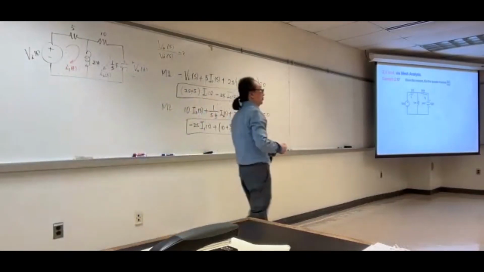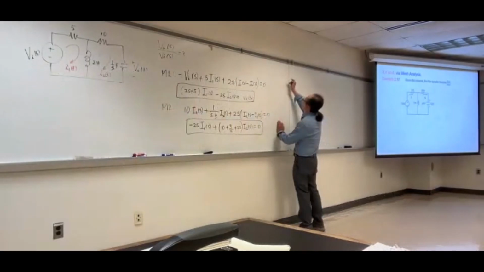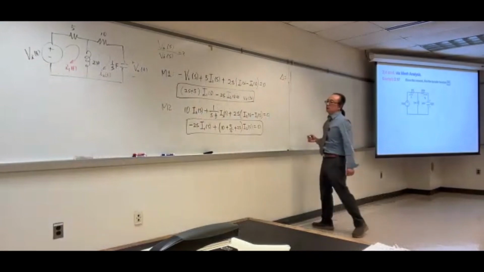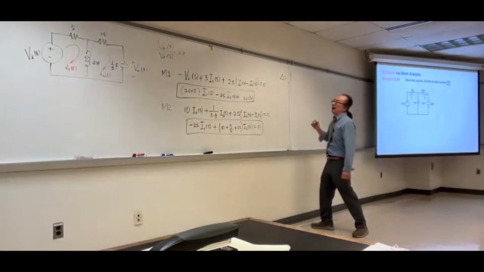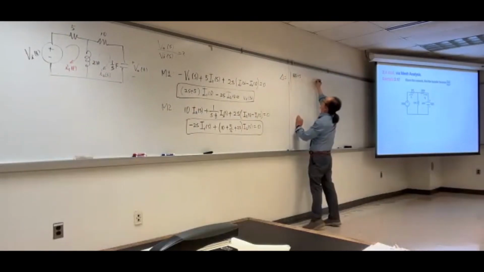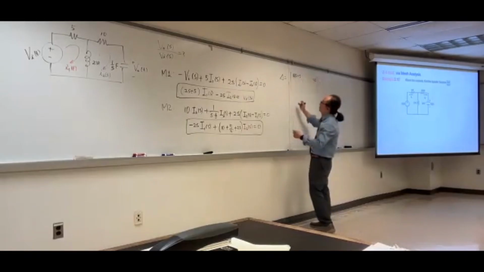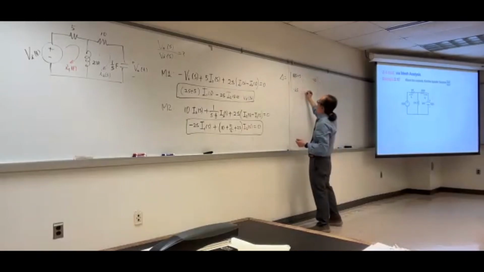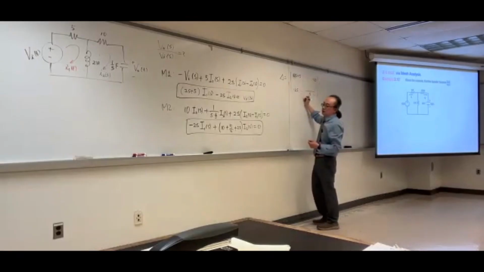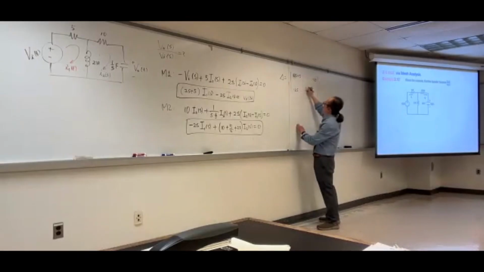Okay, now we're going to use Cramer's rule. The delta is the determinant of the coefficients of I1 and I2. From the first equation: 2S plus 5, negative 2S. Second equation: negative 2S, and with the common denominator of S, we have 2S squared plus 10S plus 5.